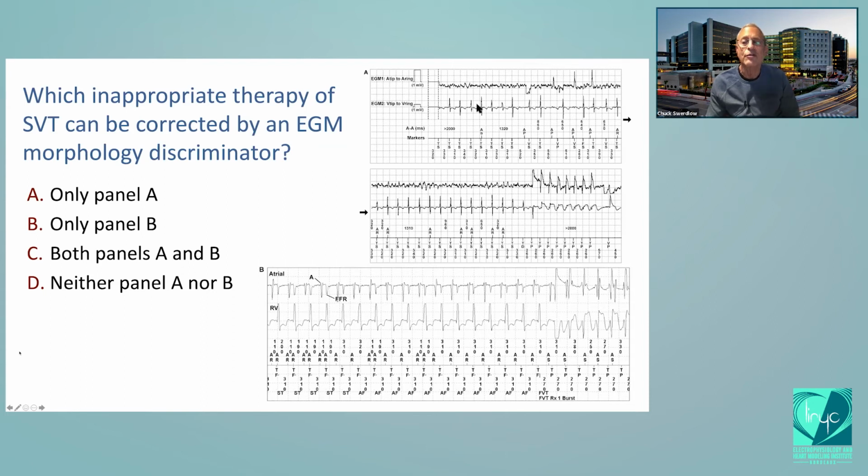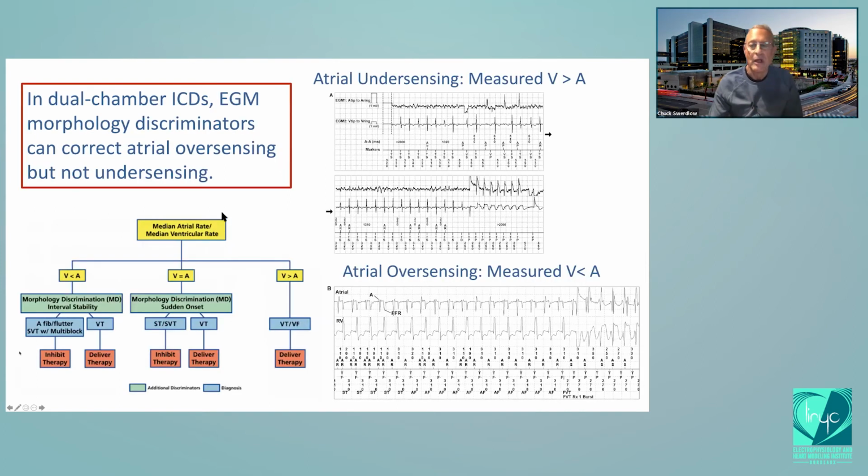But if you undersense the atrial signals, then there is no chance to get the arrhythmia diagnosis right. Undersensing in atrial fibrillation is a cause of errors in dual chamber algorithms. I said all that to you, and this slide just says it in writing.